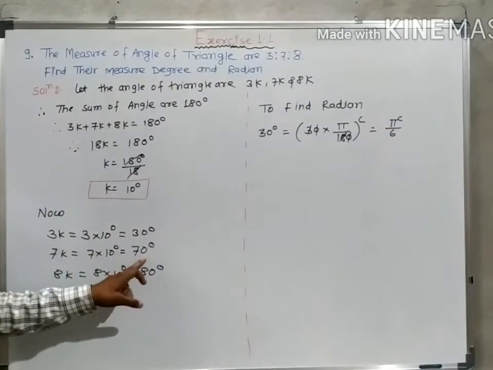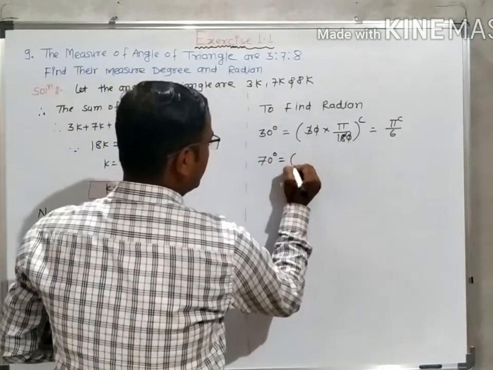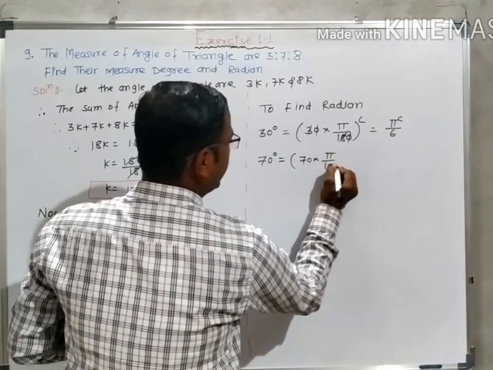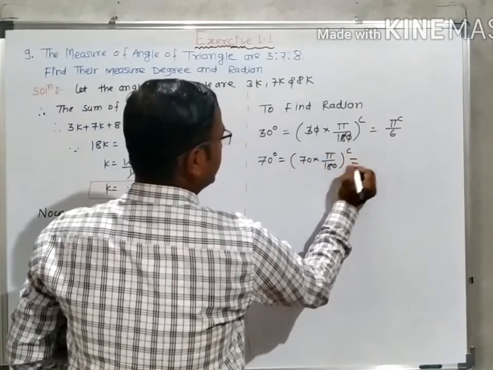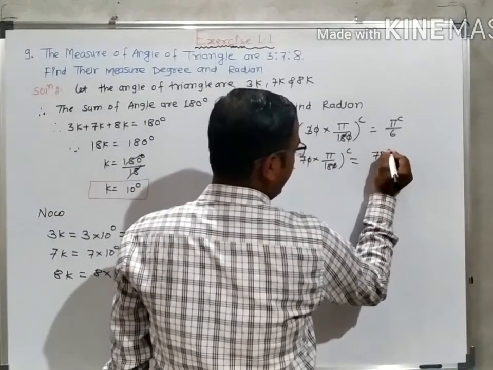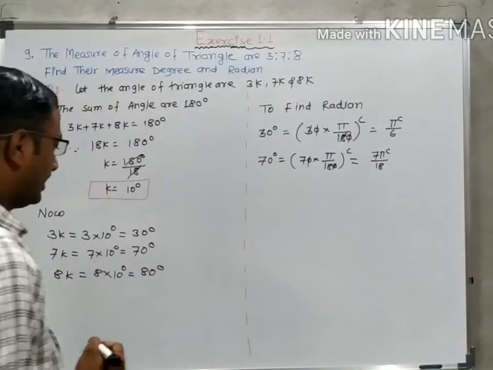Next angle is 70 degree. So 70 degree is equal to 70 into pi upon 180 degree. Conversion into radian. So the 0 gets cancelled. So this is 7 pi radian upon 18. Next angle is 80 degree.